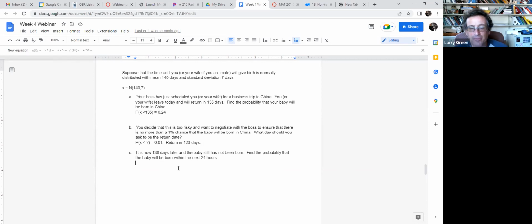So this is a given question because we're given information. We know the baby hasn't been born yet. This is going to be the probability that in the next 24 hours, that's from day 138 to day 139, so the probability that 138 is less than X is less than 139, given that X is greater than 138, because it hasn't been born yet.